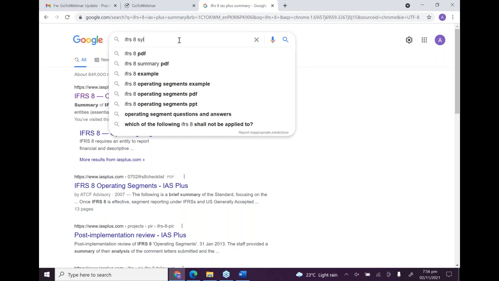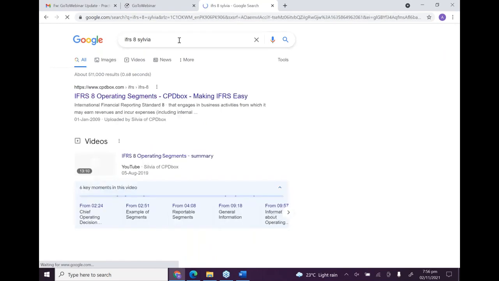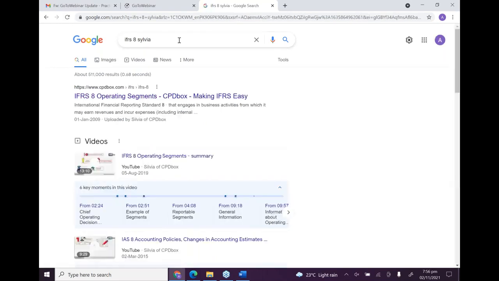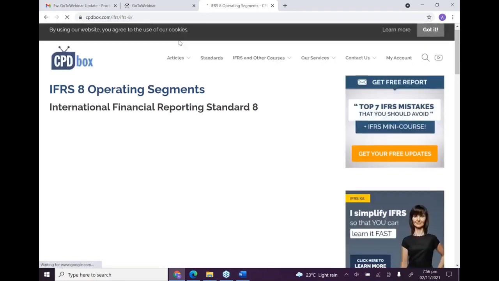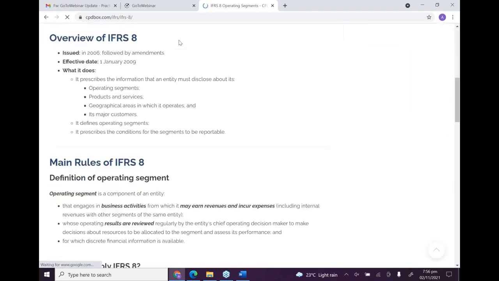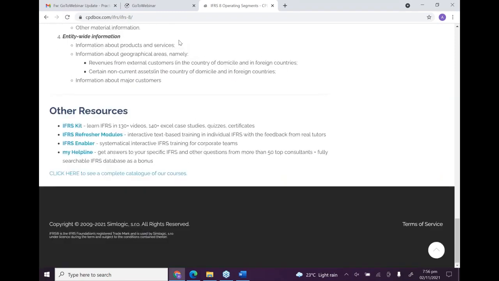IFRS 8, I've forgotten her page. Yeah, it's called CPT Box. There you go. It's called CPT Box. So just write IFRS 8 CPT Box. I genuinely find that the first time you read a standard, the way she summarizes this is very helpful. So you can do your revision of those standards from here as well. She'll tell you the entire standard in literally one page.